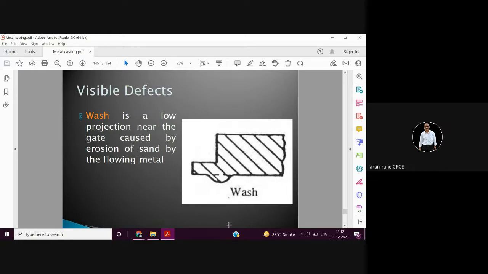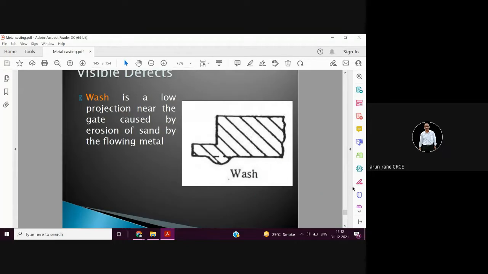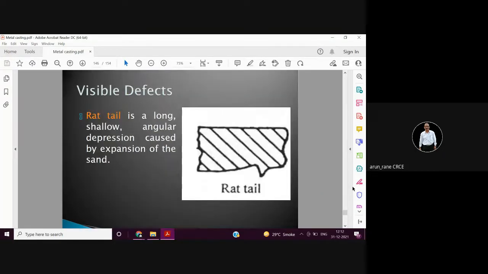Usually, this defect is caused opposite to the gating point. So kind of a projection. चूहे का पूंछ, rat tail.